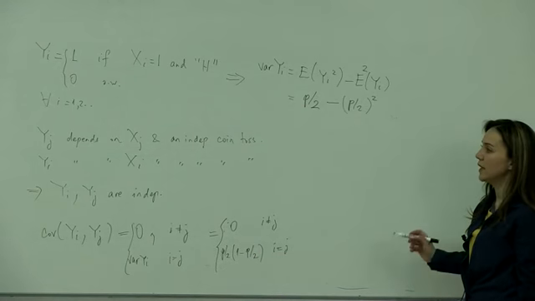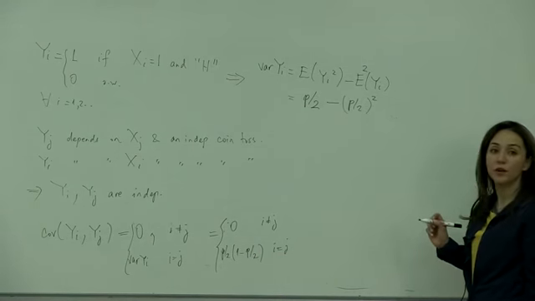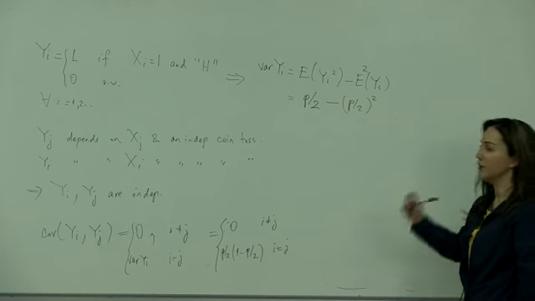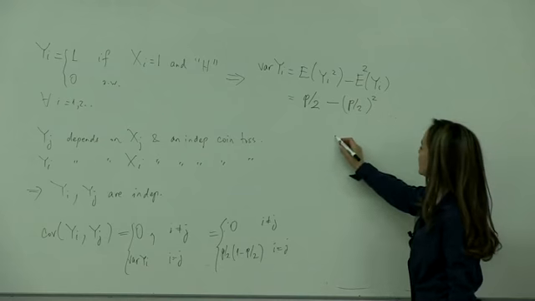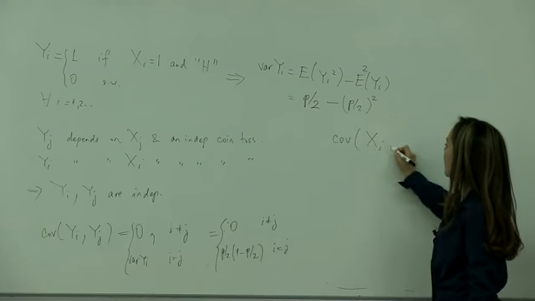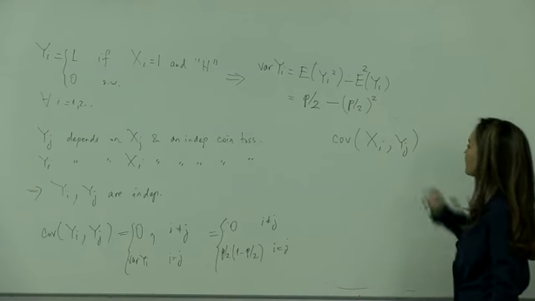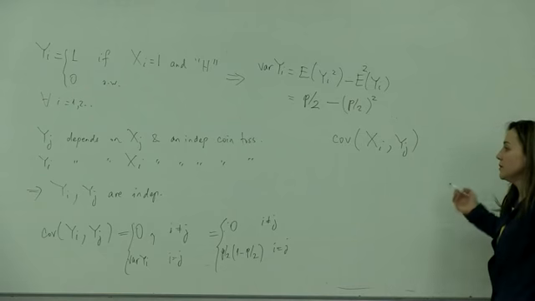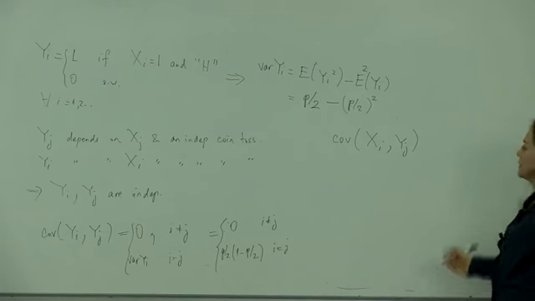Now, the next thing is the covariance of xi and yj. Let's write that down: covariance of x sub i and y sub j. What do we do? Apply the definition, I guess.